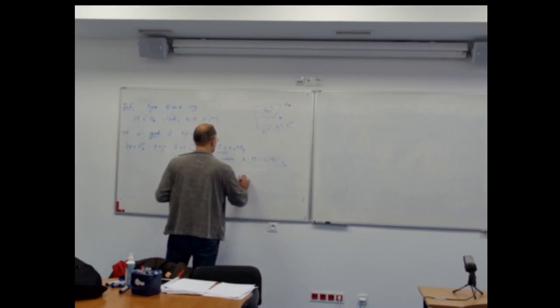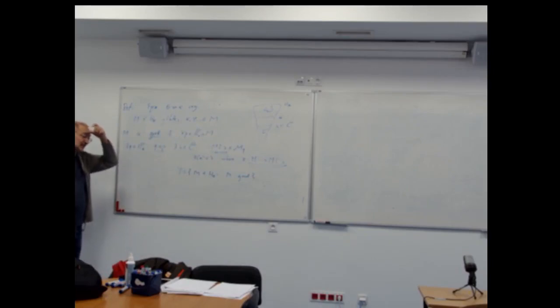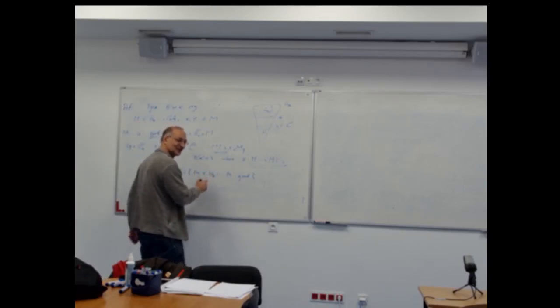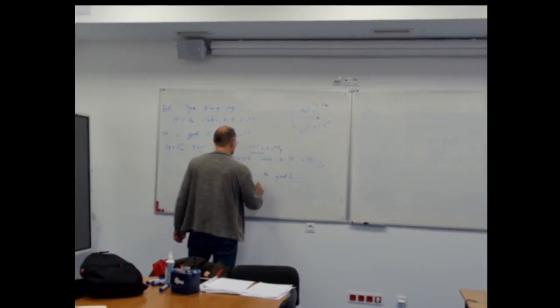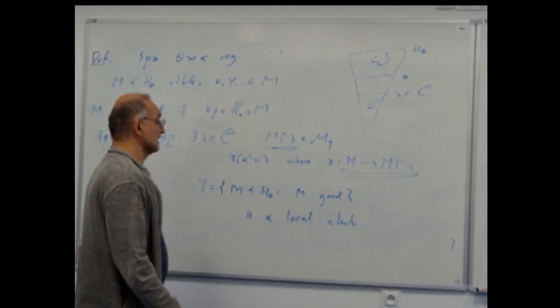We want to show that it's projective stationary, but rather than showing that it's projective stationary, we show that it is a local club. That means I need to define what is a local club. What does that mean?